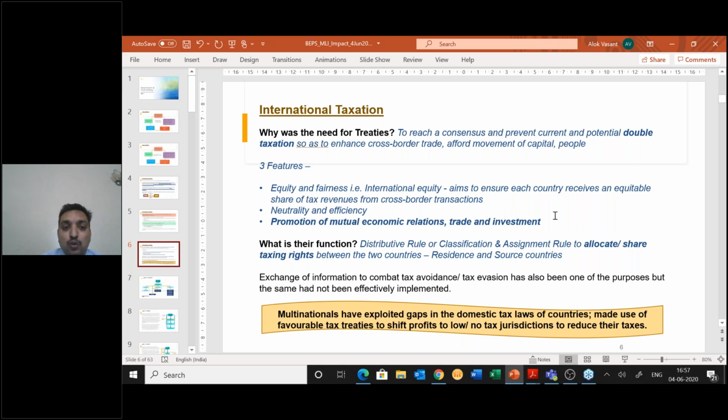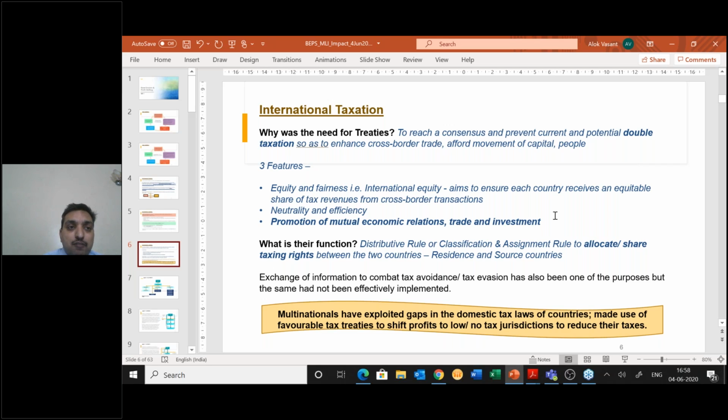So what happened? Over the years, multinationals exploited the gaps in domestic tax laws of countries and made use of favorable tax treaties to shift profits to low or no tax jurisdictions to reduce their taxes. Because of the disparity in the tax systems of two jurisdictions and the treaty benefits that one could avail by way of treaty shopping and other measures, there was a stress felt by governments because suddenly the tax revenues started dipping.